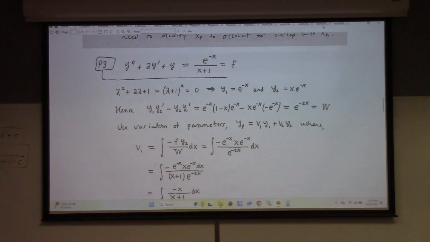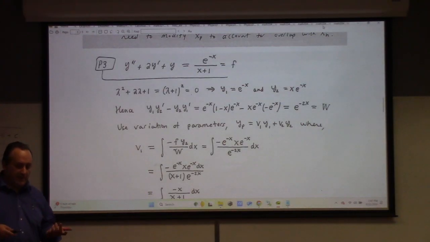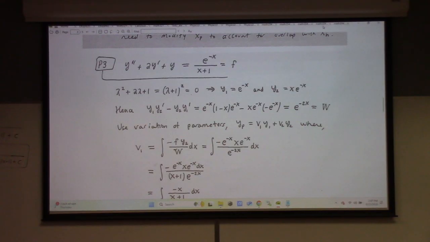This one here, I hope you guys understood. You do need to know variation of parameters. So the basic question is, when do we use variation of parameters? Do you guys know when to use variation of parameters, when to use undetermined coefficients, which one do you use and why?